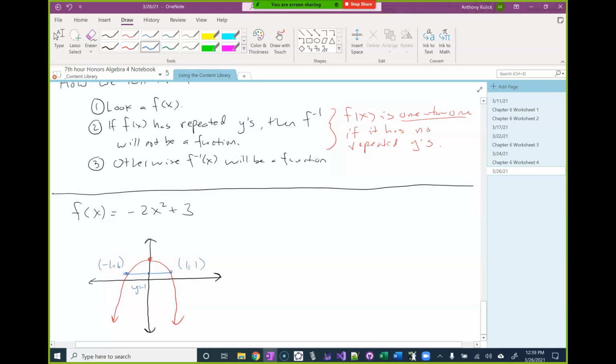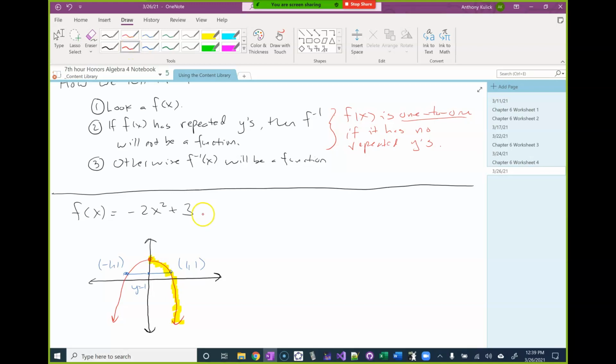So what we'll do is we'll basically truncate our function f of x to get rid of any repeated x's. So I could take just, say, the right half of it, by taking the x's that are greater than or equal to 0 and only considering that function.